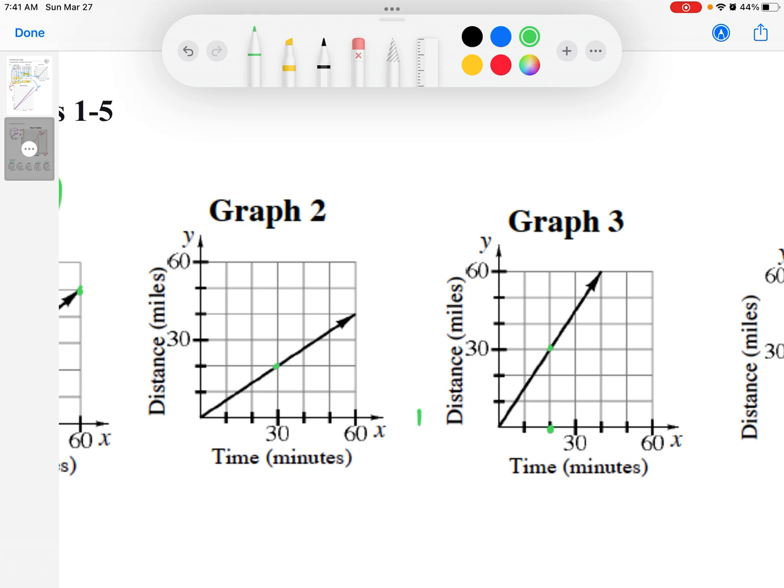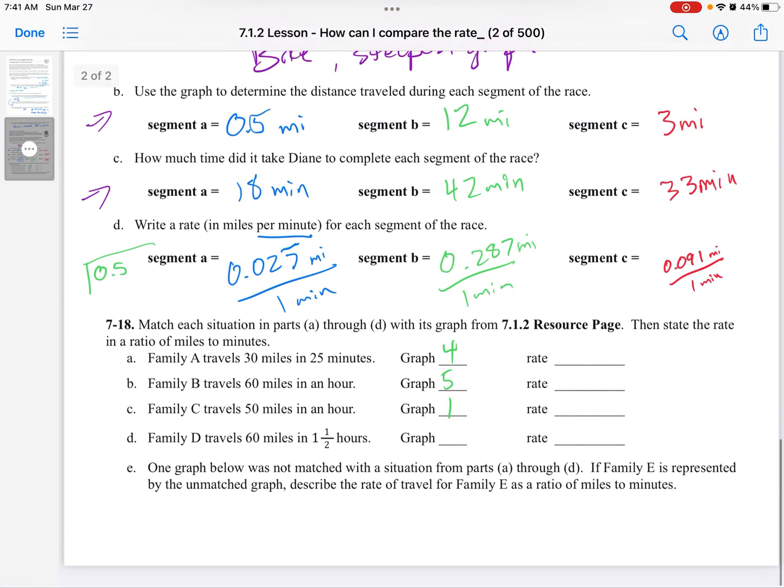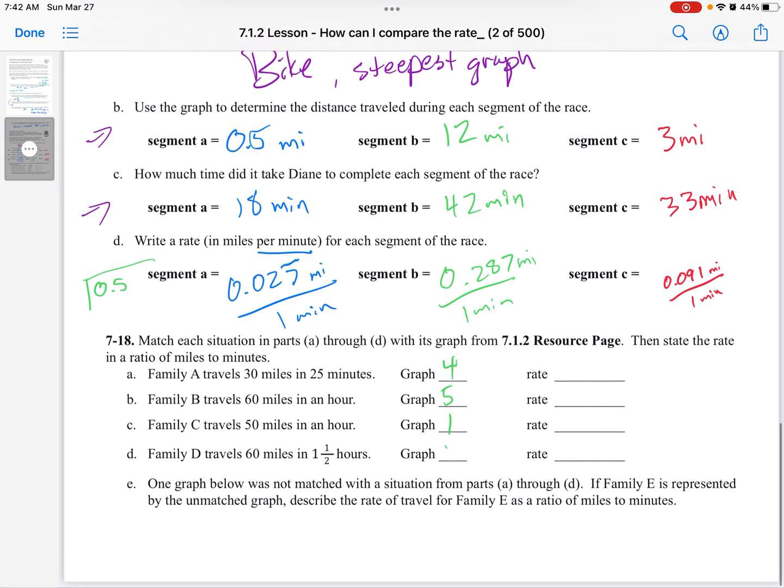At 60 we are at 40, and at another 30 minutes, at 90 minutes, we would have another 20, so we would do 60 miles. That would have to be graph 2.